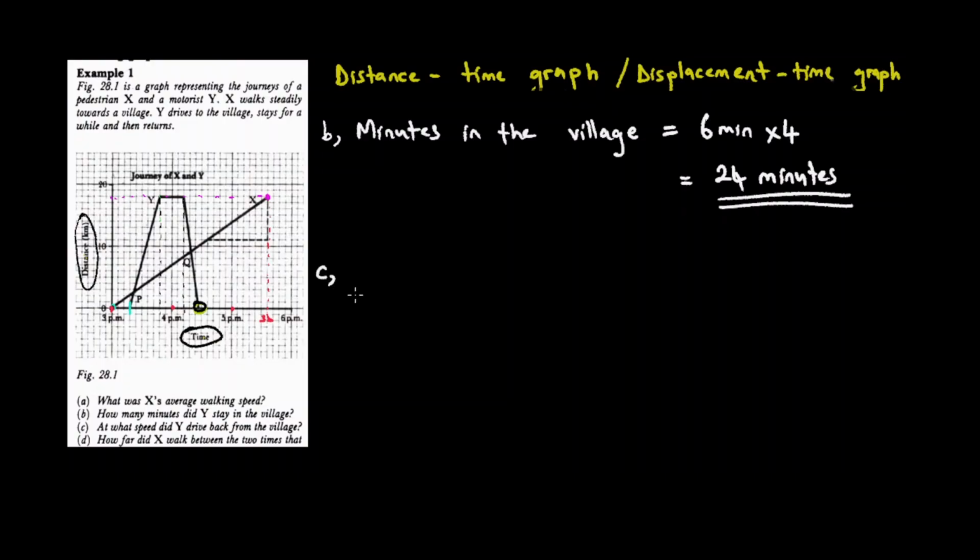Part C says: at what speed did Y drive back from the village? The question is asking for speed, and what is the speed formula? Speed is distance over time. And our question says drive back from the village.